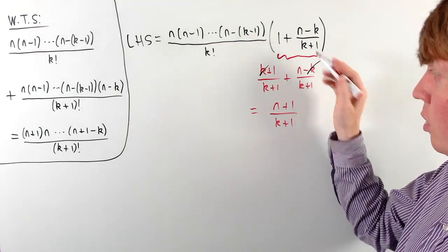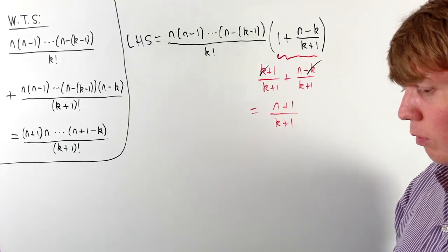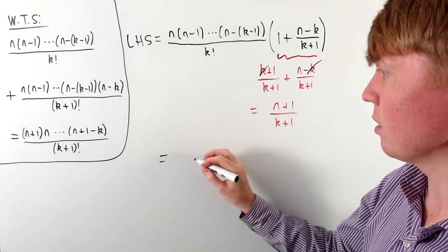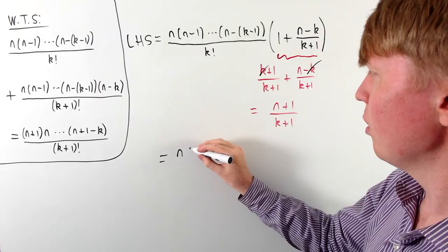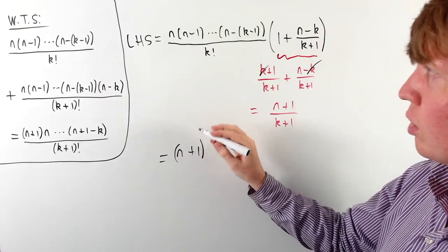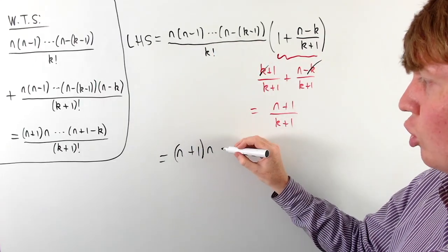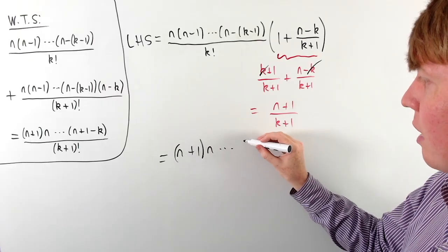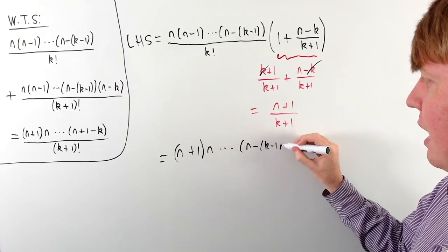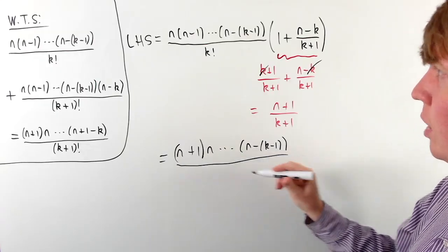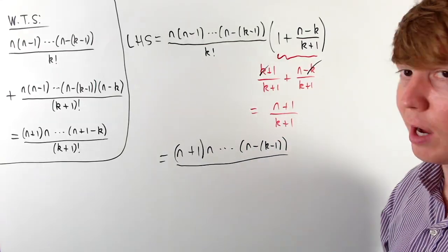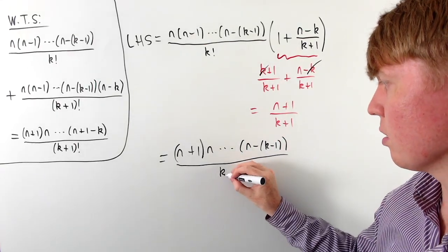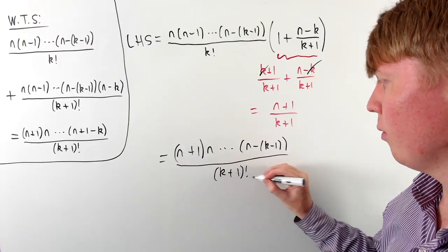So all of this term in the brackets is just n plus 1 over k plus 1. So our left-hand side can be written as n plus 1, we'll take it over onto the left-hand side, then multiply all of this, n all the way down to n minus k minus 1. Then in the denominator we've got k factorial multiplied by k plus 1. So this gives us k plus 1 factorial.